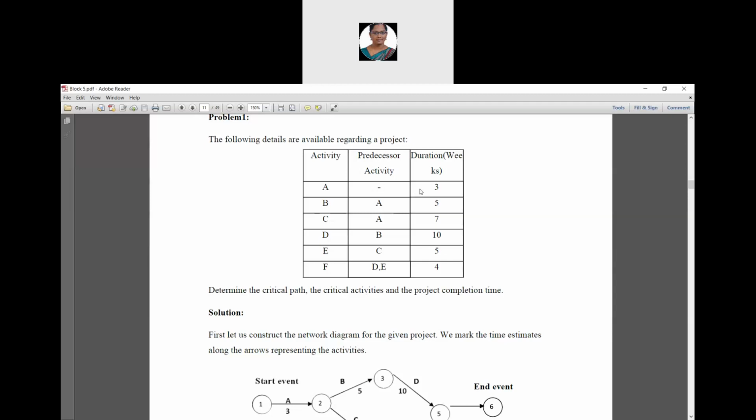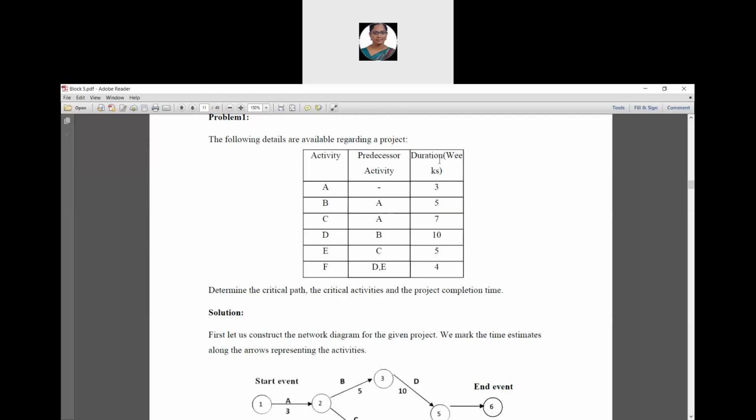The first column denotes the activity, the second column denotes the predecessor activity, and the third column denotes duration values in weeks.